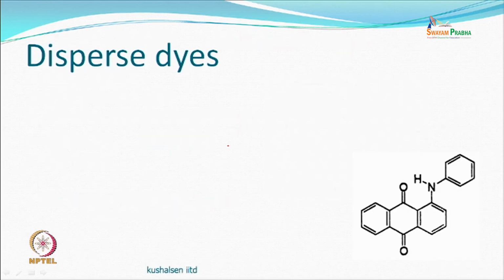Disperse dyes, as the name suggests, they are dispersed in solution, and so they are not water soluble. So compared to the previous one, this is the major difference that we see. And you can see in a dye molecular example that there is no solubilizing group.